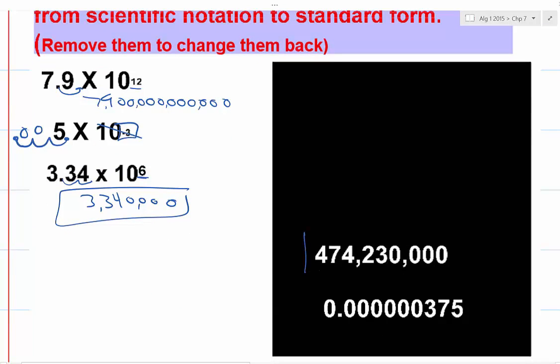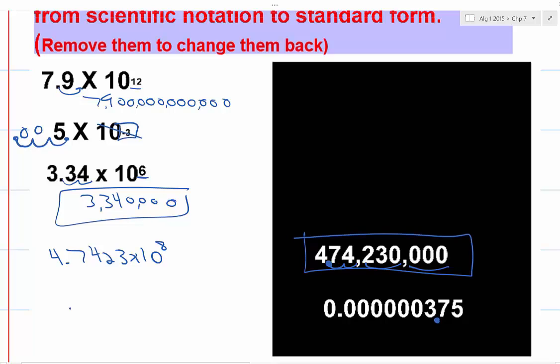Alright, so out of this whole number here, where should our decimal point go so that it's between 1 and 10? Well, it should go right here. So we know we want 4.7423 times 10 to, this is a large number. So here's 3, 6, 7, 8. So 10 to the 8th. Okay, and our next one, we know we want the decimal point to move to in between the 3 and the 7.